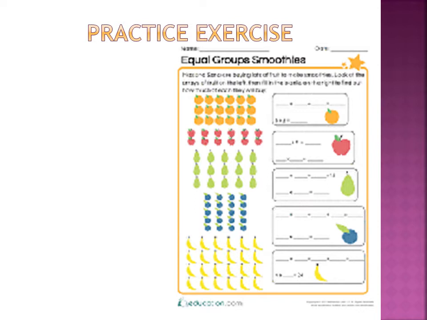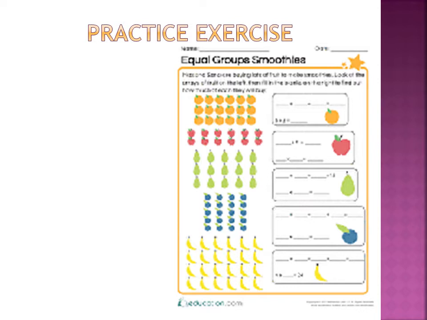Let us begin with number 1, which is oranges. How many oranges are there? Students, I told you that you will consider each line as a group, and the number in each line of the group will be the same. In oranges, we can see there are 3 different lines, that means 3 different groups.